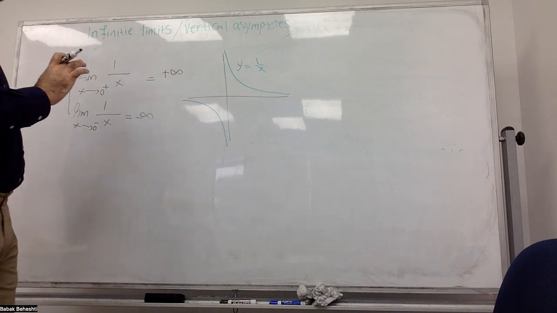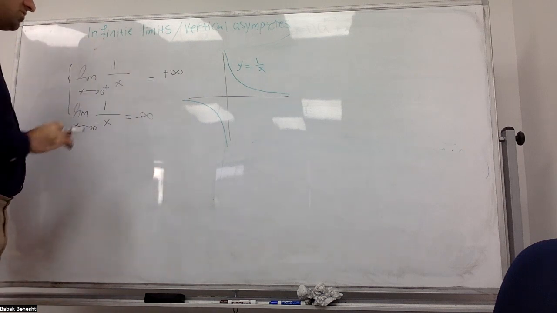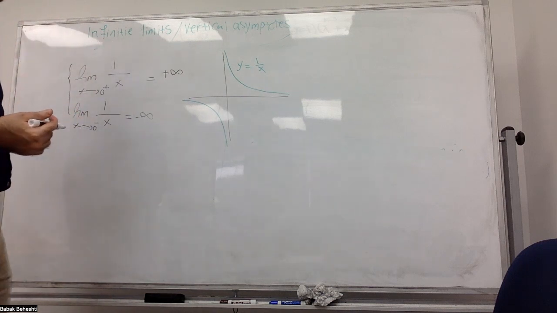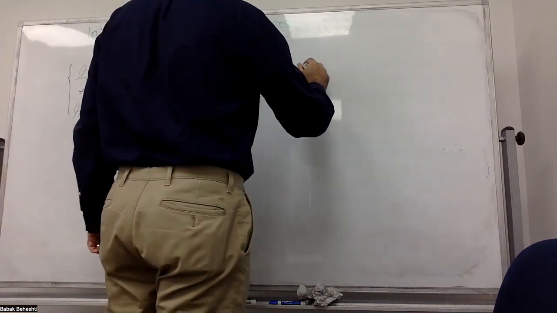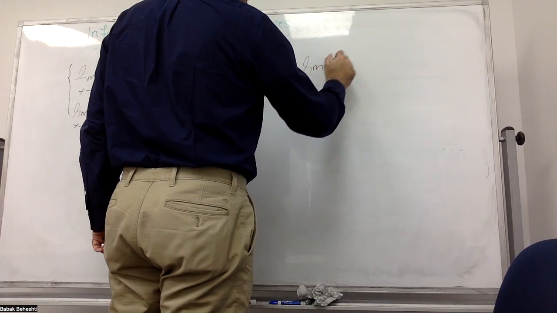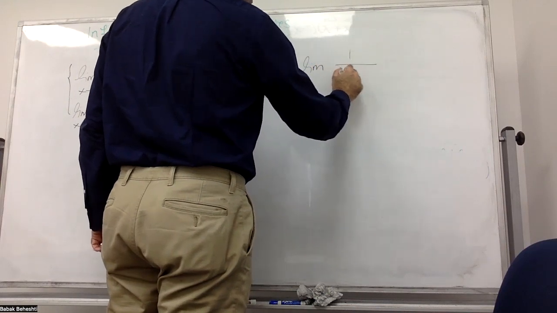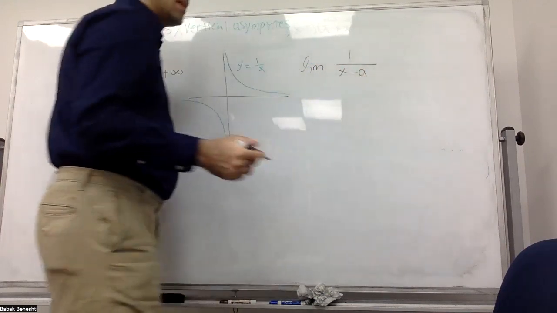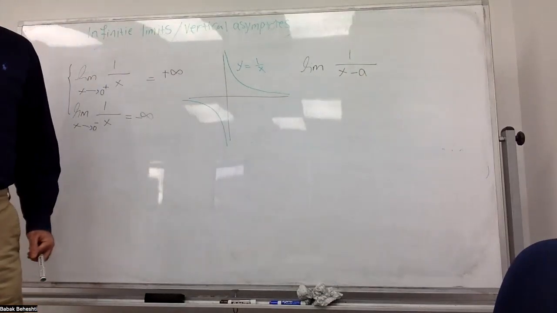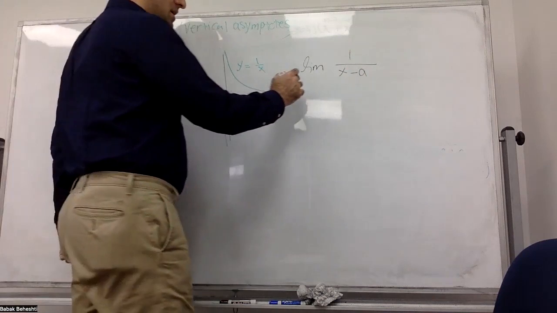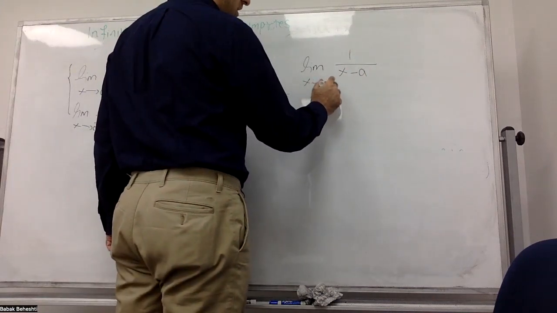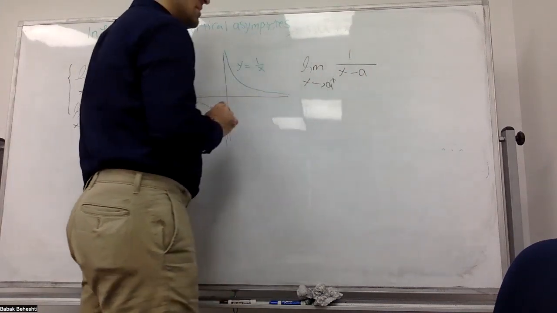But in a more general setting, we can have the limit of 1 over x minus a. A can be any number, like 1, 2, 5, minus 1, whatever. X goes to a plus.